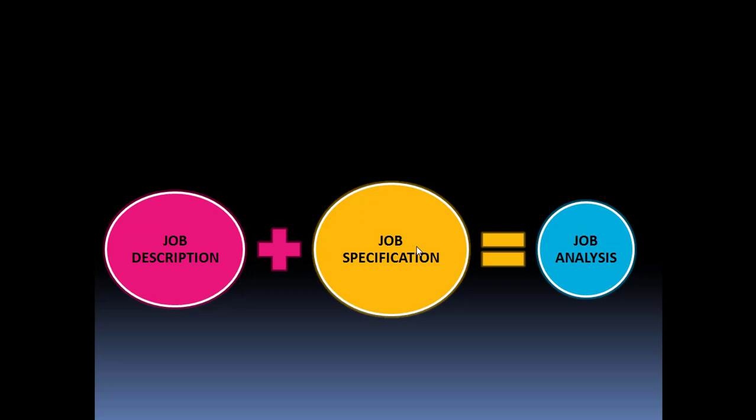One is called the job description and one is called the job specification. Job description explains all the details about the job, and job specification explains the skills required by the person who will do the job. Right, now let's understand this in detail.